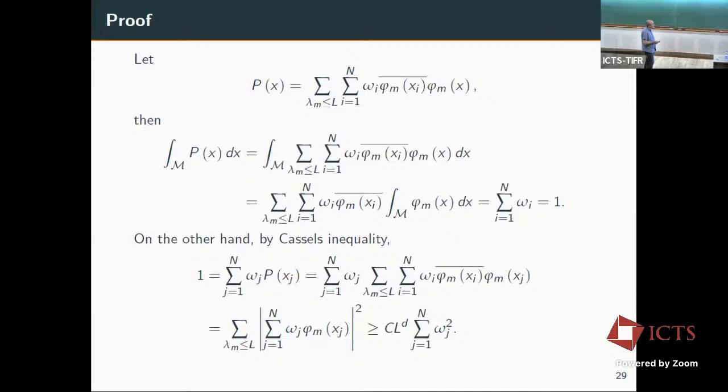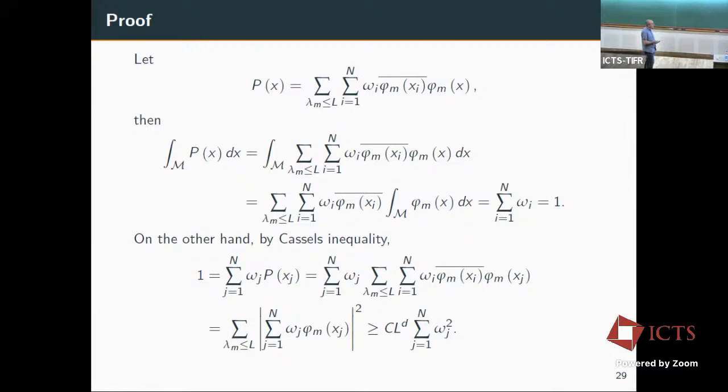Well, just write it down, switch your sums with the integrals, take everything outside, and you have the integral of the eigenfunction, which is of course 0, unless m is equal to 0. But in that case, you only have the sum of omega i, and the sum of omega i has to be 1 if I want this to be a design. So the integral of p is exactly equal to 1.